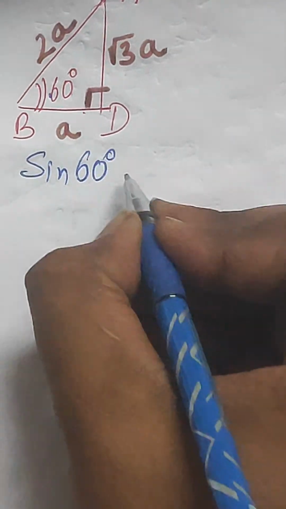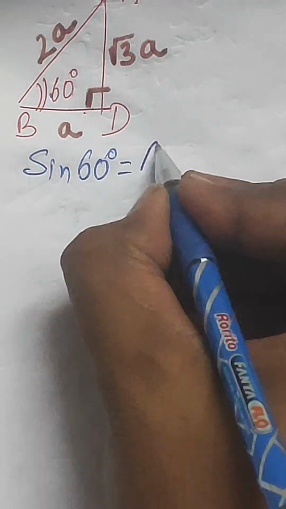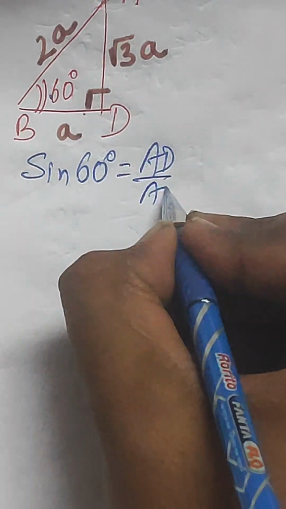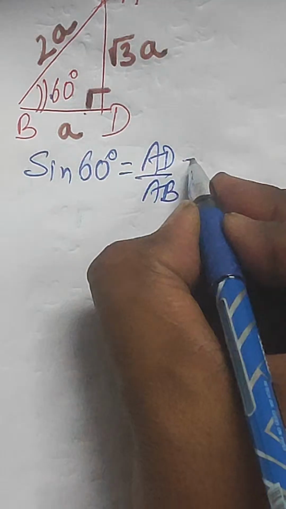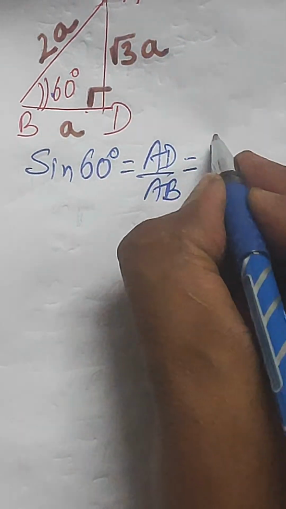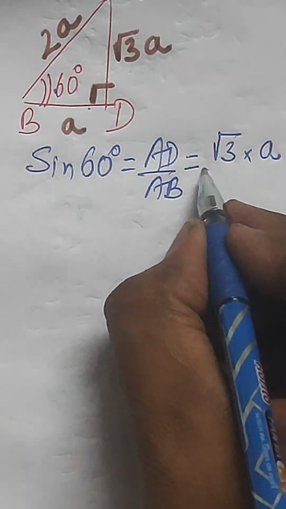Now we will be a little faster, okay? So for sine 60 degree, sine 60 degree will be how much? This will be AD by AB. What is AD? AD is root 3 times A. And what is AB?